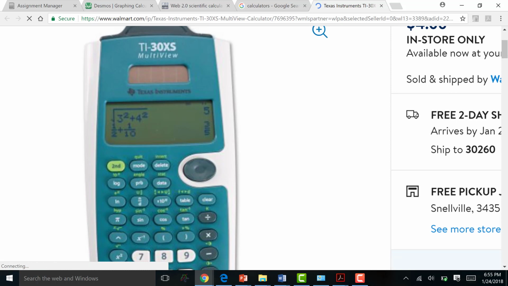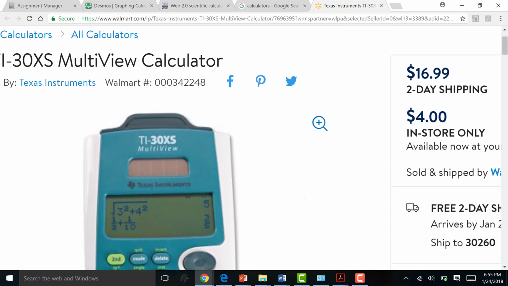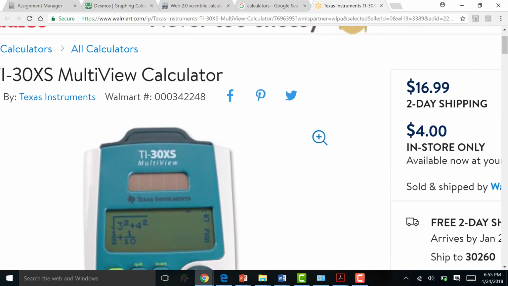That's what I'm saying. So it could be something like that. What is this, $16 at Walmart? I work at Walmart. How much is it? It's like $25. Okay, $25. That's still in the ballpark. The price right here says $16 in shipping online. So I'm just saying, don't spend $200 on a calculator. Just find one that lets you see what you type. You need to be able to see it just in case you make a mistake.